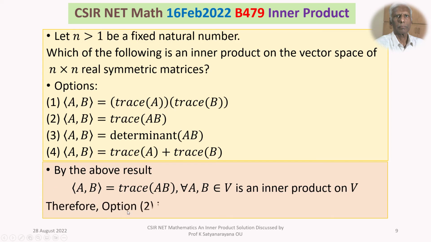So option 2 is the answer in this example, and you need not go into searching for counterexamples for options 1, 3 and 4. This is a very standard result, and that is why I have proved it independently, so that you can use it in future in discussions related to trace of a matrix and the definition of the inner product.